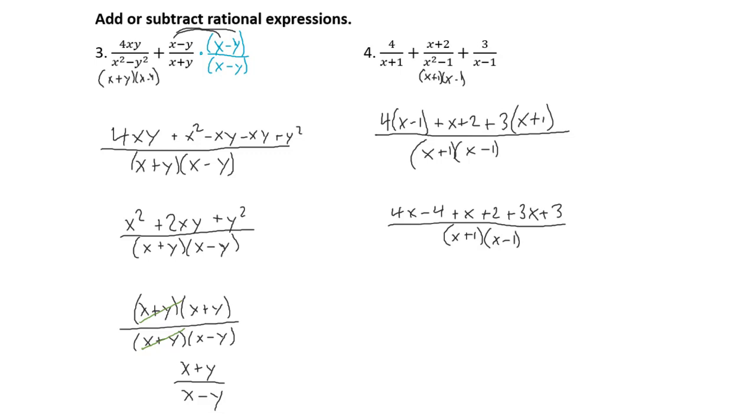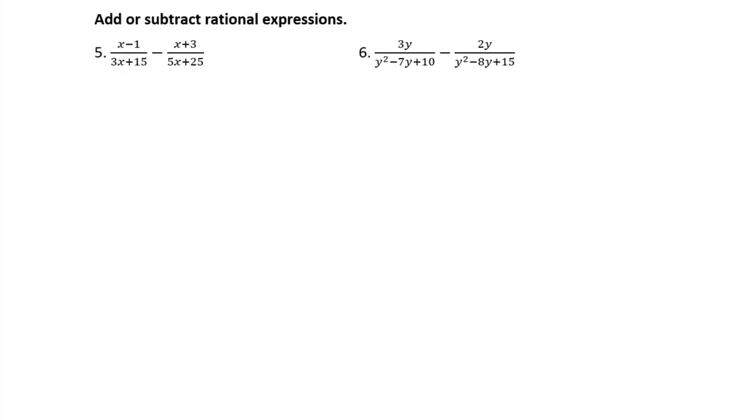And so now we have 4x and x, 5x, and 3x gives us 8x. Negative 4, 2, and 3 give us a plus 1. And that will be over x plus 1, x minus 1. All right, let's look at another example.